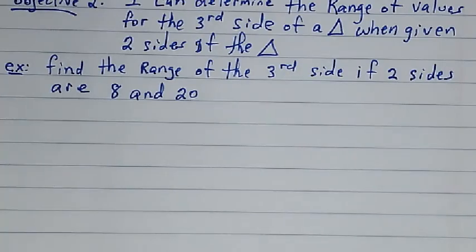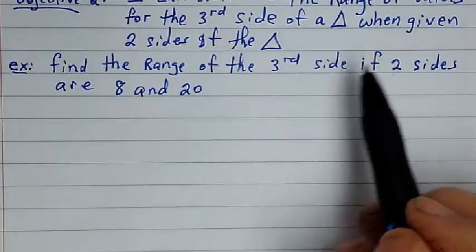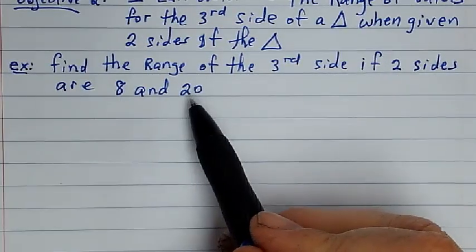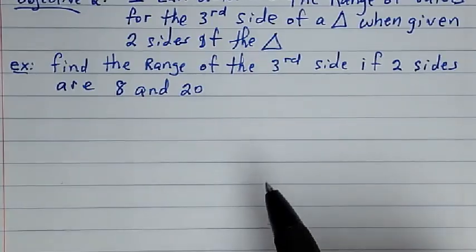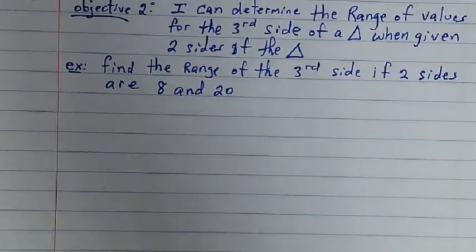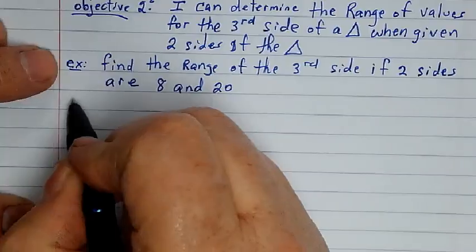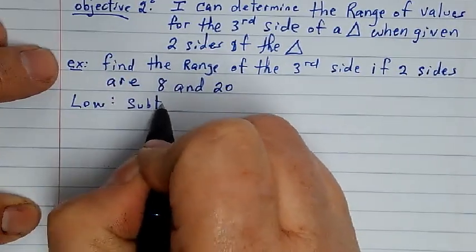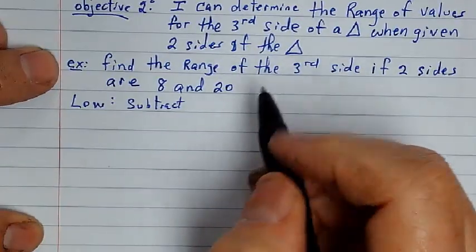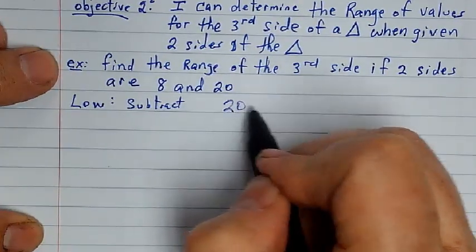Okay, that's a range. So if one side is 8 and the other side is 20, there's not just one answer. There's a range of values. So to find the low to the high, all you got to do is this. For the low value, subtract. In other words, you go 20 minus 8. Now, we all know 20 minus 8 is 12.